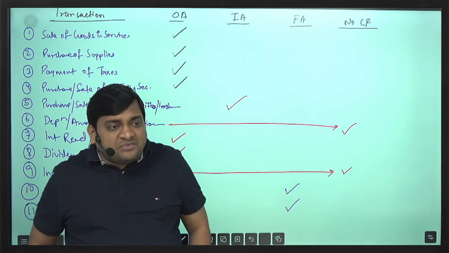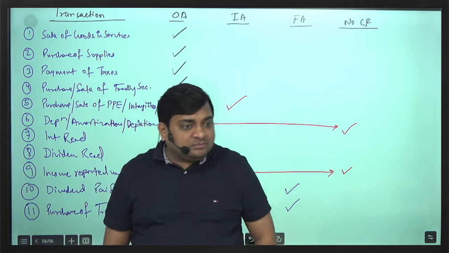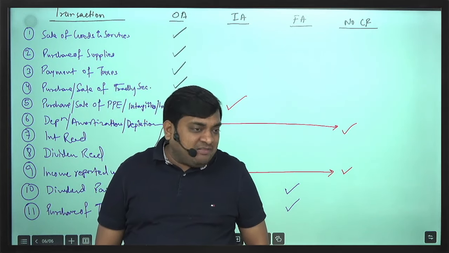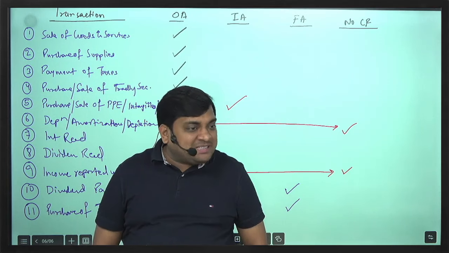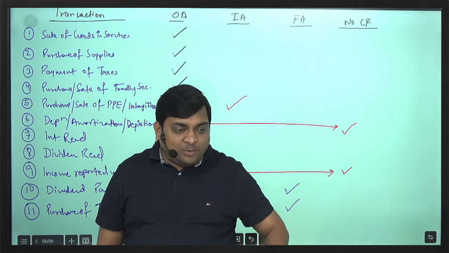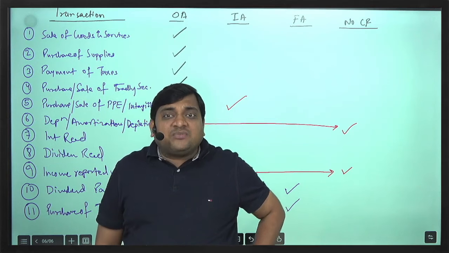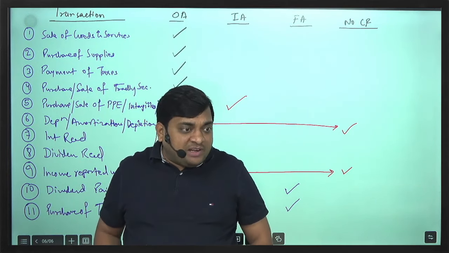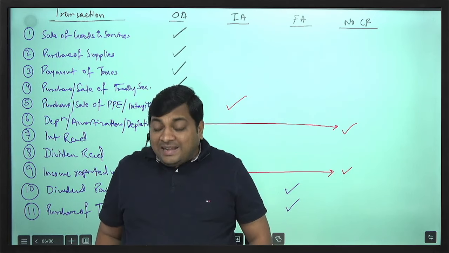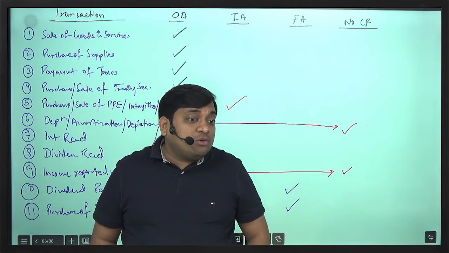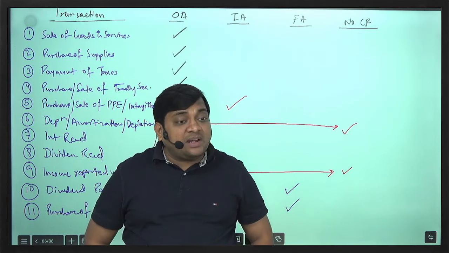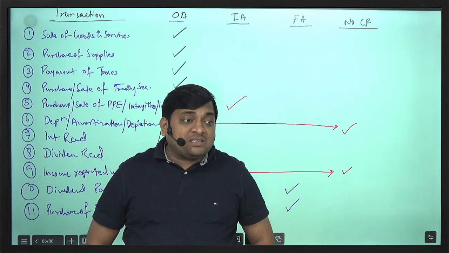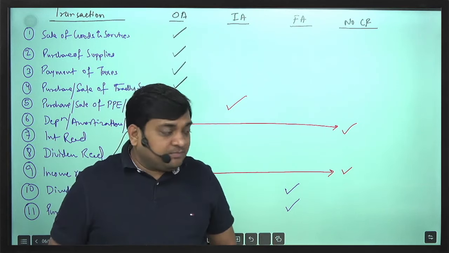Investing and financing is not a big deal because purchase and sale of non-current assets, investments, intangibles you can easily get, like purchase and disposal. In financing, the amount you have borrowed and the amount you have repaid is also easy to find out. But at times it is difficult to find out your operating activity because the operating activity can be done by two methods. One is the direct method, another one is the indirect method, right?